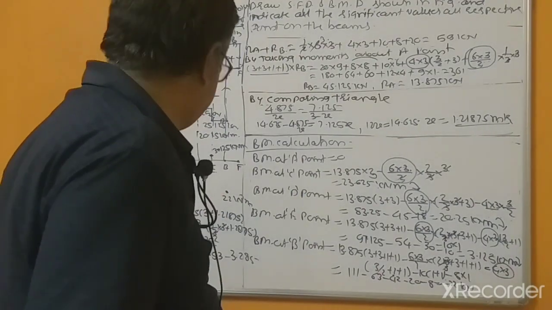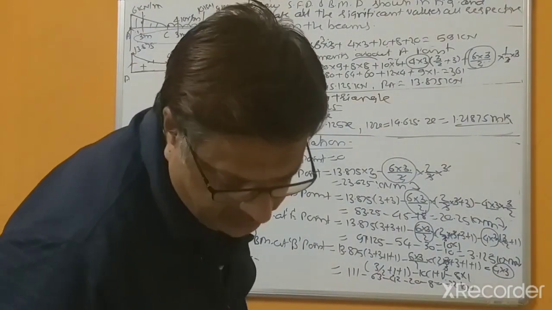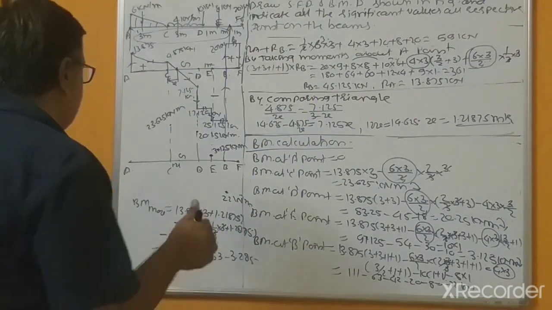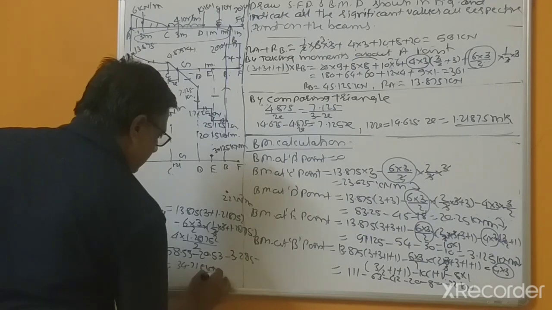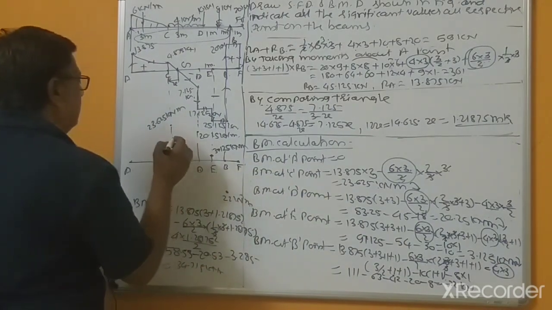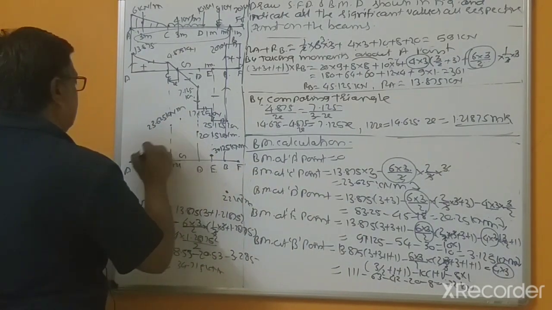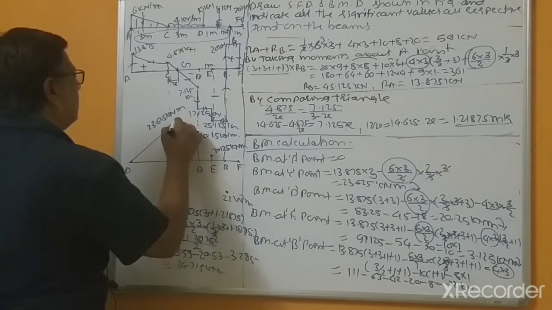So what may be the answer? 34.715 kilonewton meter.